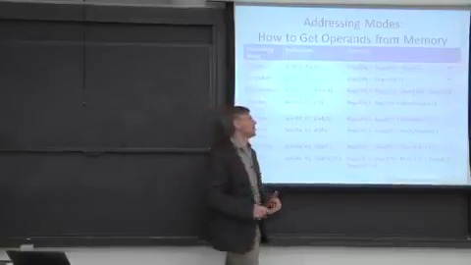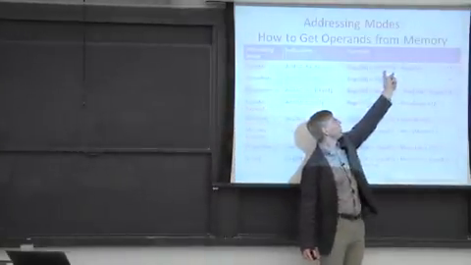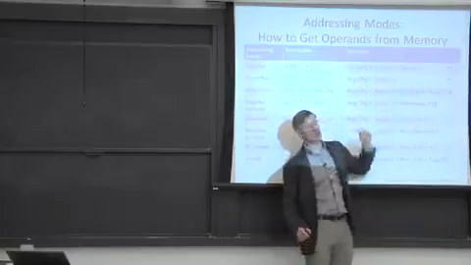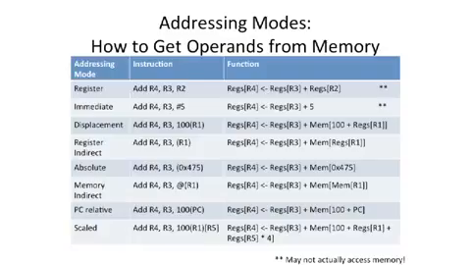In a register-based addressing mode, we can only name registers and put the result in another register. And this is a 3 operand format here. x86 would only have 2. But you can name register 3, register 2, add them together, and put them into register 4, for instance.